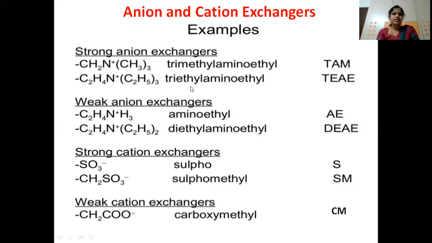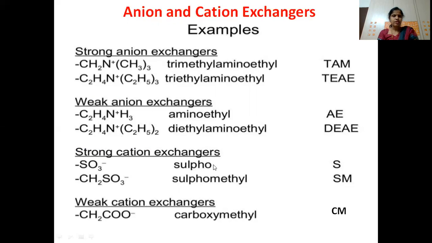Then we can also take triethyl amino ethyl, whose short form is TEAE, which act as strong anion exchangers. The weak anion exchangers are amino ethyl and diethyl amino ethyl, which stands for DEAE, acting as weak anion exchangers.